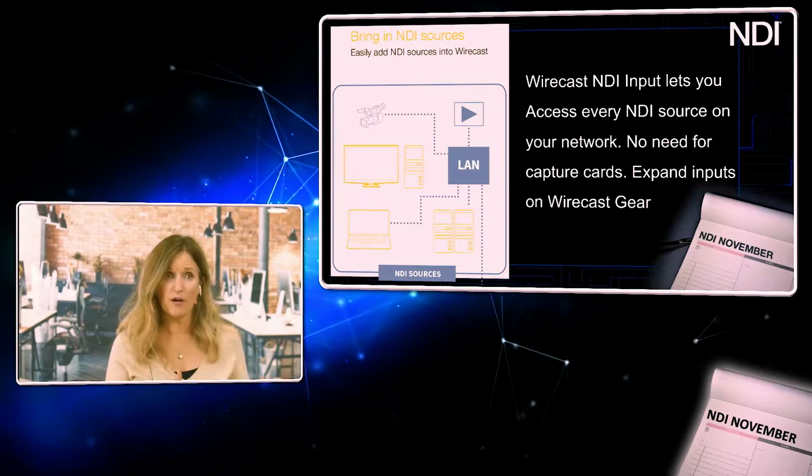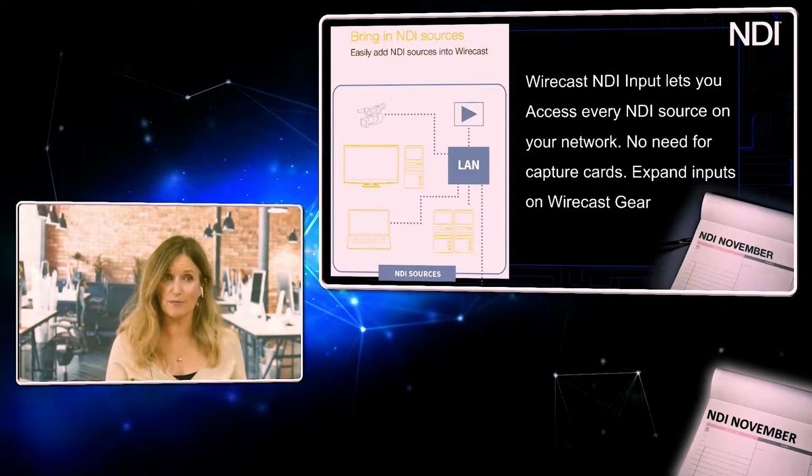Or you may be limited to 3 NDI HX streams because you just don't have the processing power or the GPU capabilities on your machine to process that at the same time that you're producing the rest of your show. So it's really a delicate balance, and you have to look at what your workflow is and what your specific machine is.